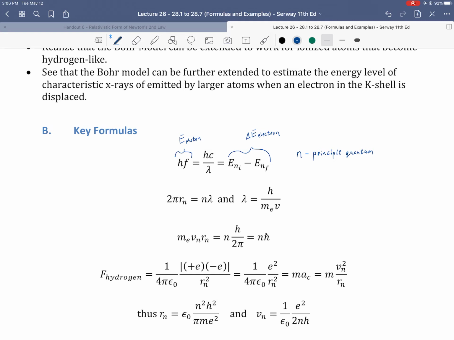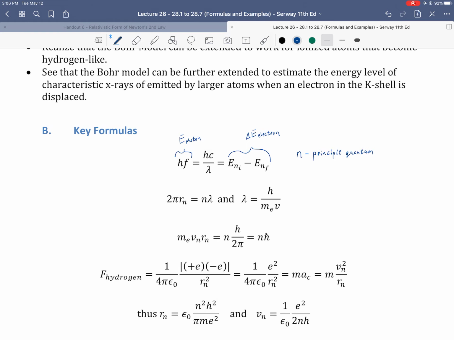If you want further practice with the other quantum numbers, L for the orbital quantum number, M for the orbital magnetic quantum number, and S for the spin quantum number, please take a look at lecture 25, watch those videos, go over the notes with the slides, read the textbook. Those are ideas that you're responsible for, but those are conceptual ideas, they're not numerical.